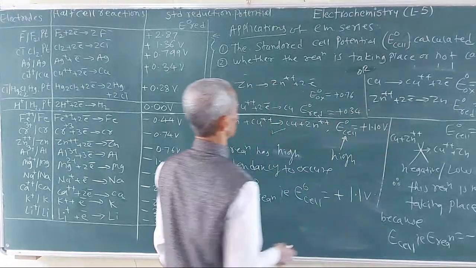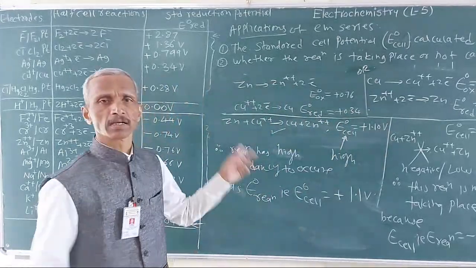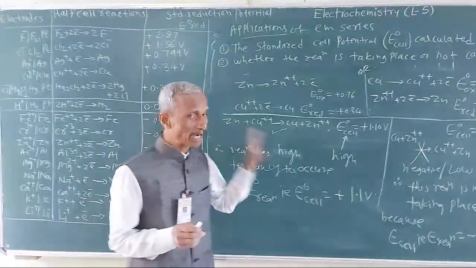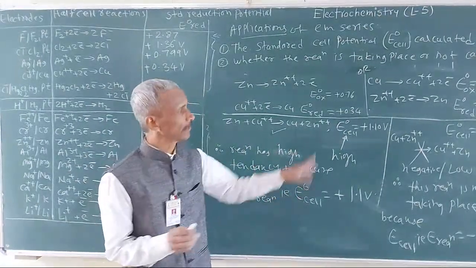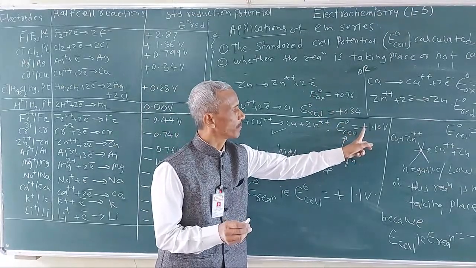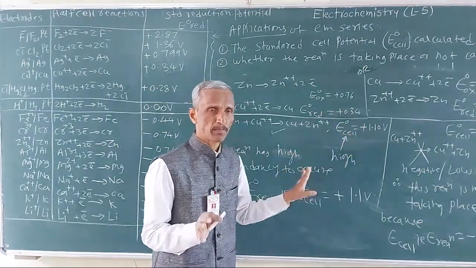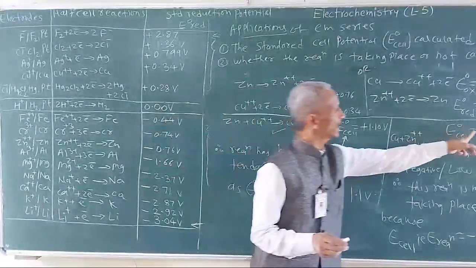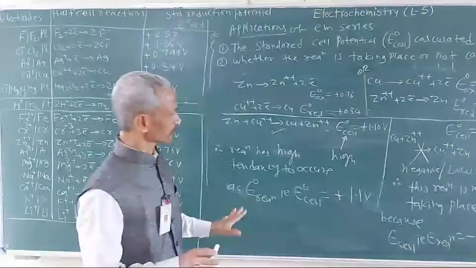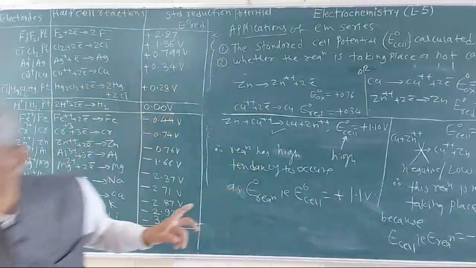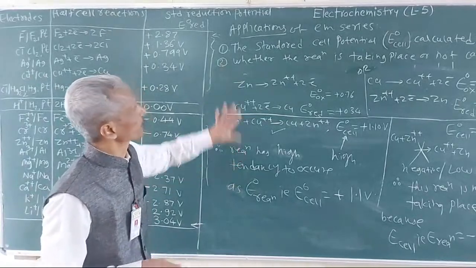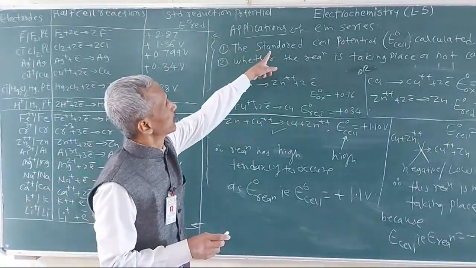1.1 volts. So whether any reaction can take place or not can be decided according to the E0 cell: if it has a plus sign, it is taking place. Otherwise, if it is a negative sign, it is not taking place. So this is a very important application of the EMF series.